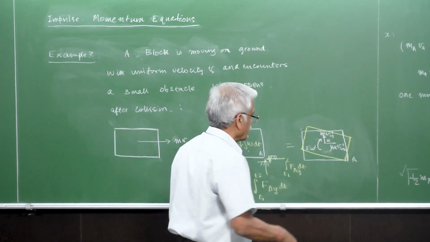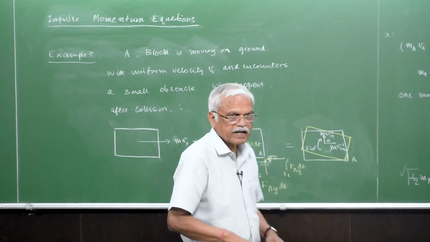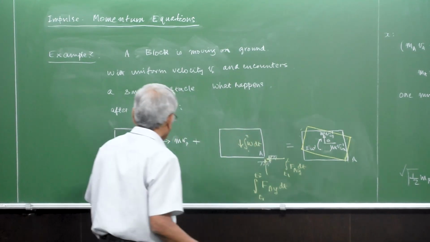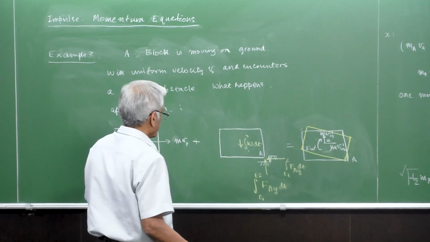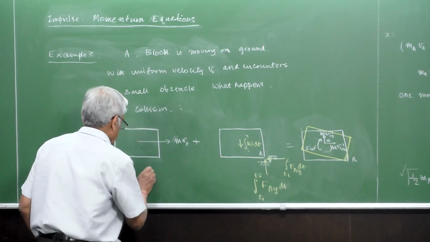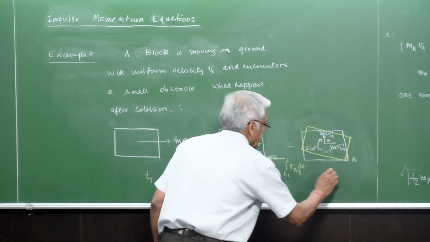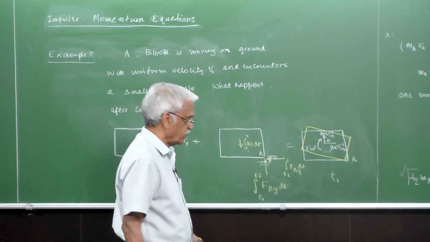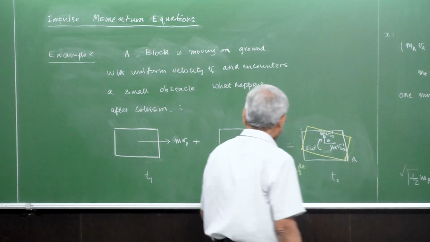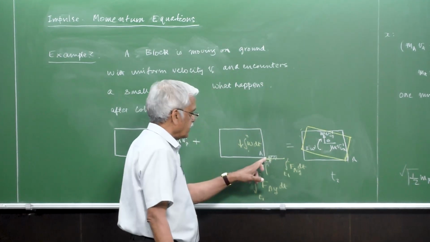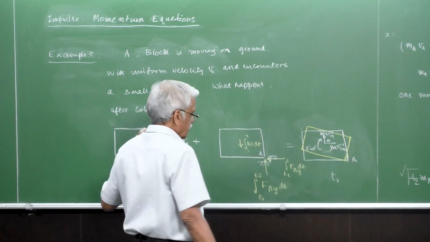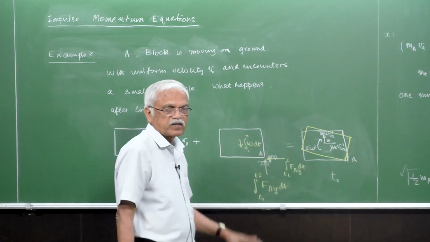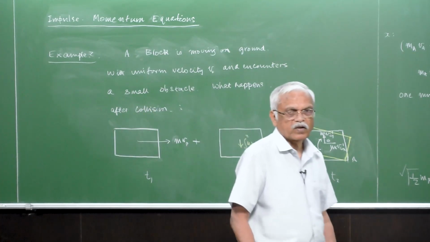So this is the complete graphical equation where we have the things to start with at instant 1 and at instant 2 here, and something happened between T1 and T2. In fact, you can also see that T1 to T2 is a very small time here.